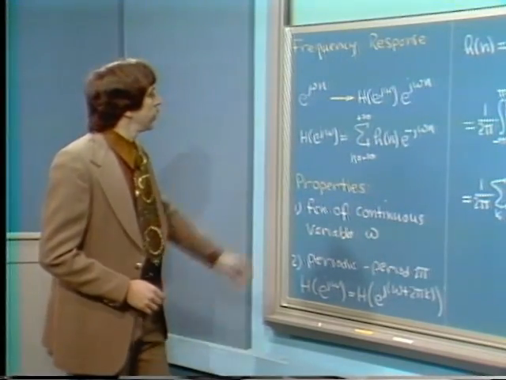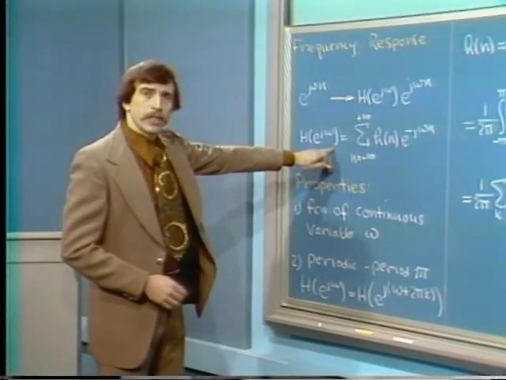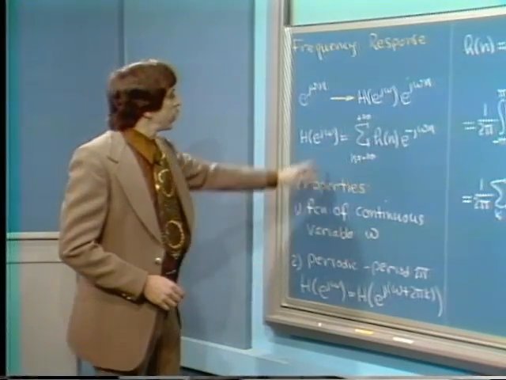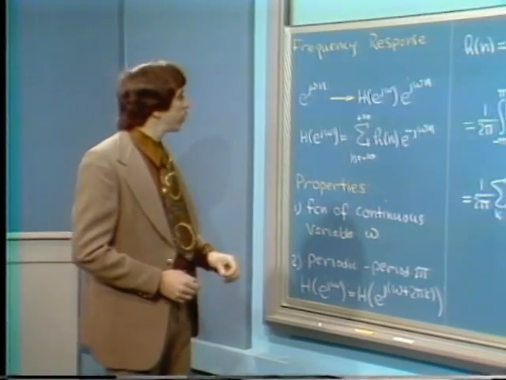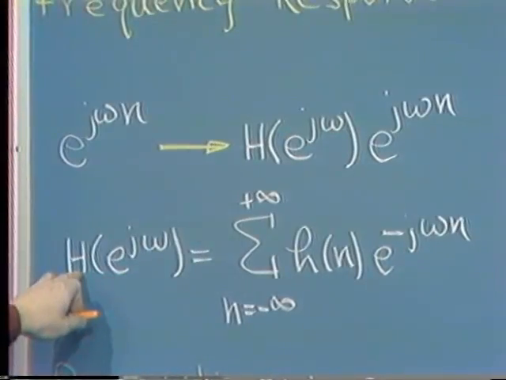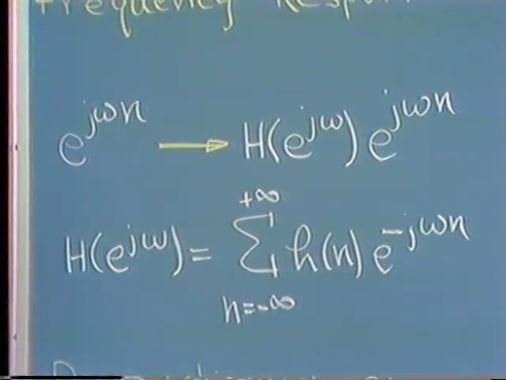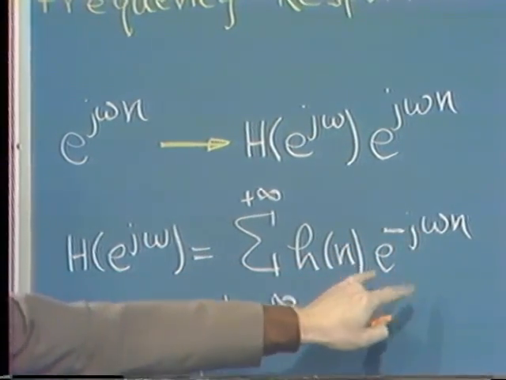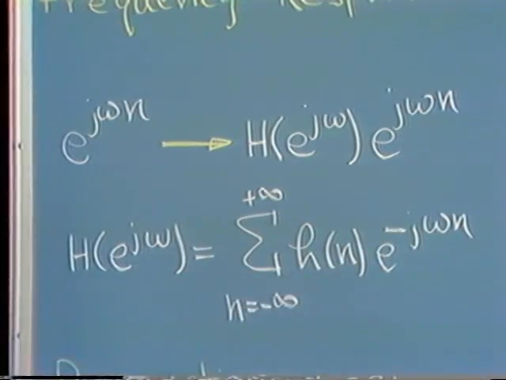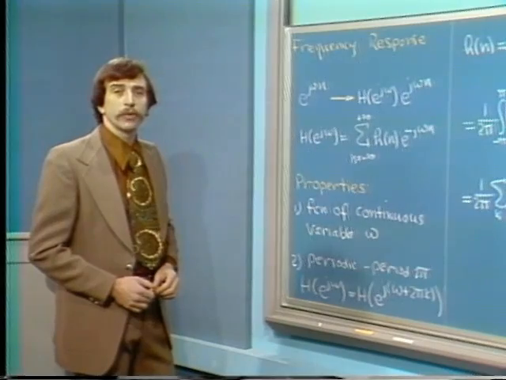Well, in fact, if we look at this expression, we see that indeed this is a Fourier series expansion of this periodic function in terms of a complex Fourier series, the Fourier series expressed in terms of complex exponentials. Well, what are the Fourier series coefficients?